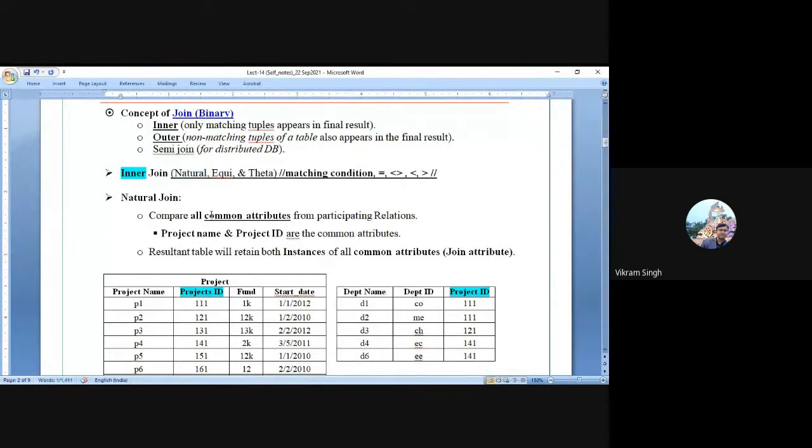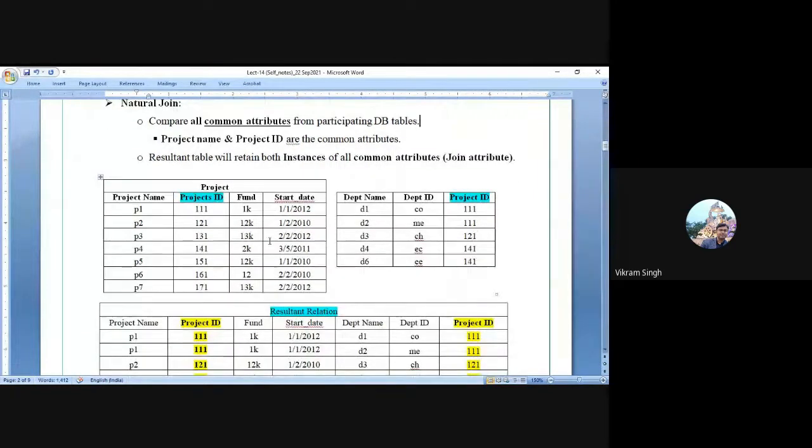So typically, whenever we use natural join between a pair of tables, it will compare all the common attributes of the participating database tables, right? Like in here, the very first database table is project, the second is department, and between these two tables only one possible common attribute is available.